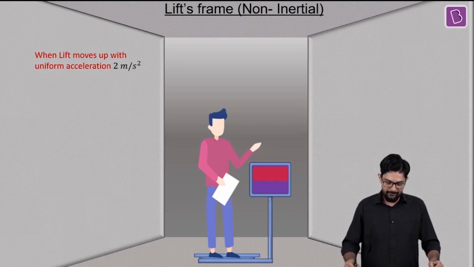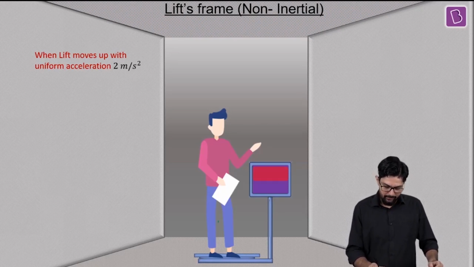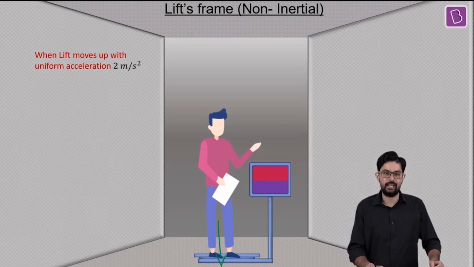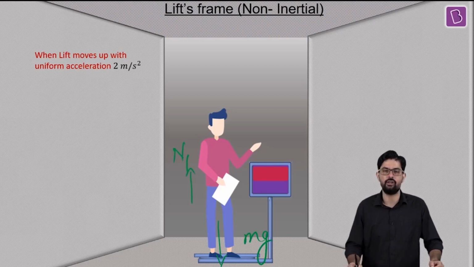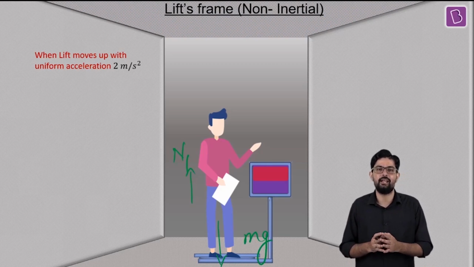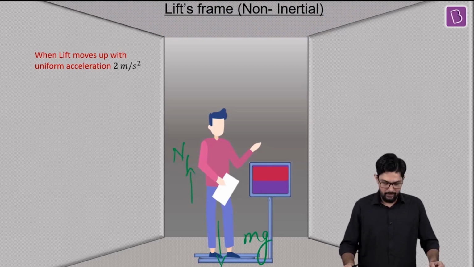As observed by this frame, there is a force of gravity acting on the man in the downwards direction, which is equal to m into g, and the normal reaction, let's say N1, is acting on it in the upward direction. The reading taken by the weighing scale will be N1. And because this lift's frame is a non-inertial frame of reference, we have to introduce a pseudo force.